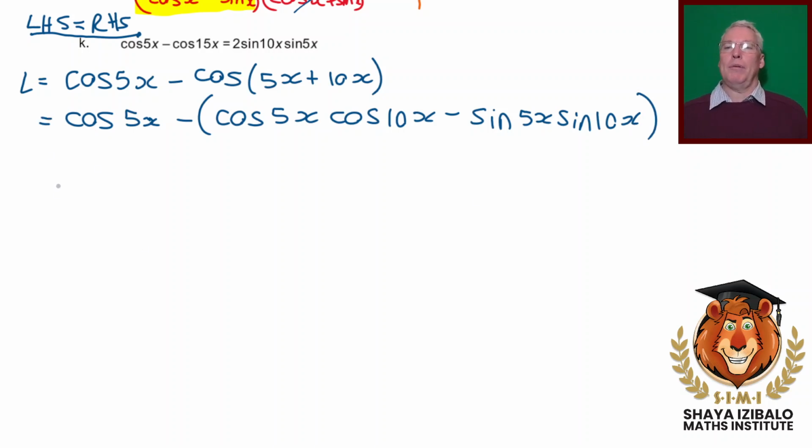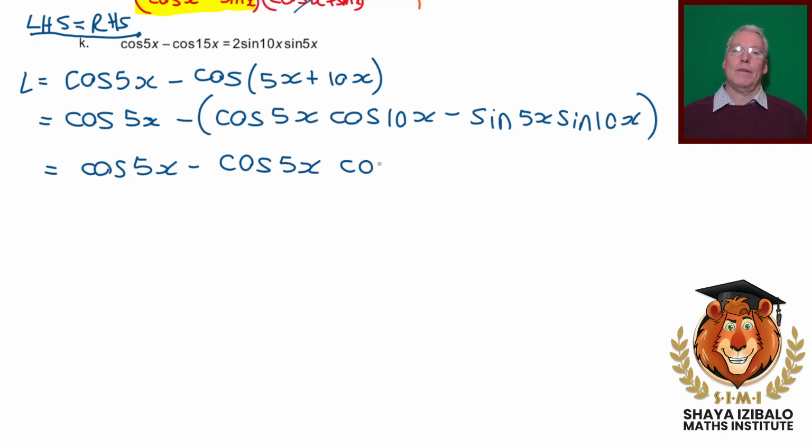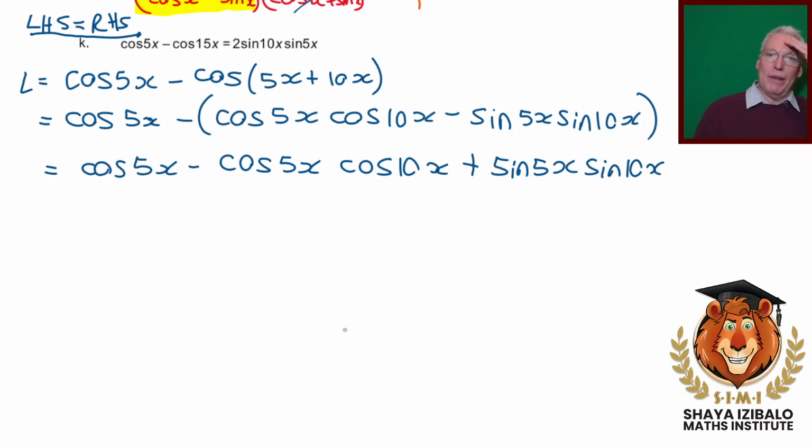So what we're going to end up with here is cos 5x minus cos 5x cos 10x minus sin 5x sin 10x. This minus is actually going to be minus minus, so it's going to be a plus.